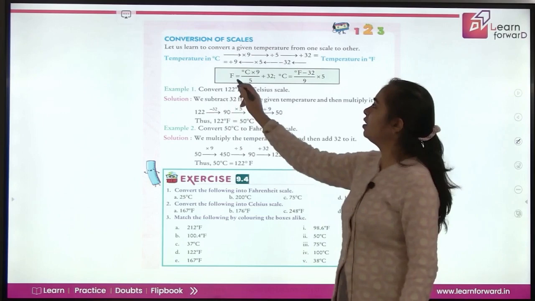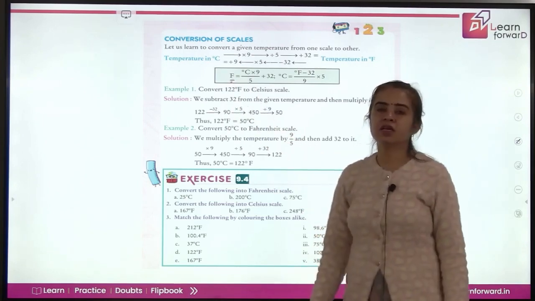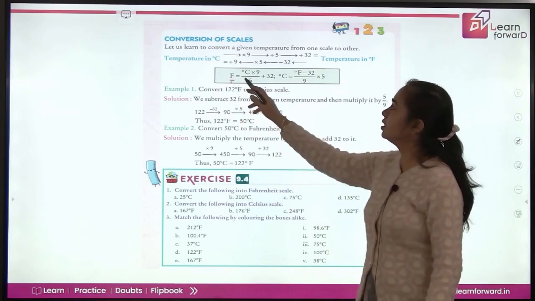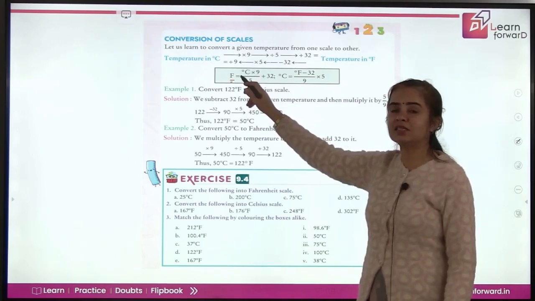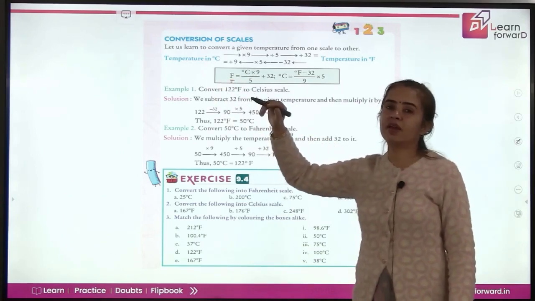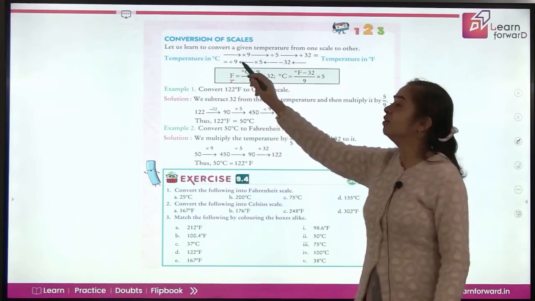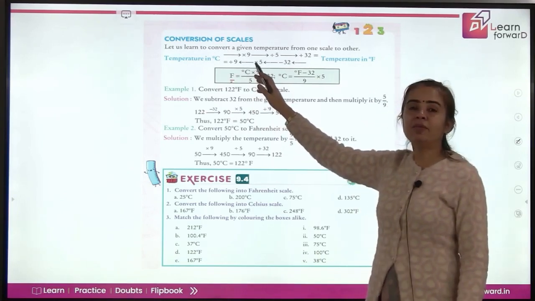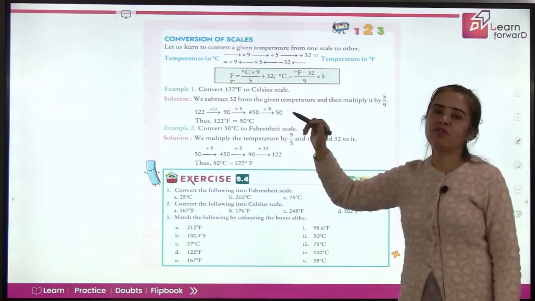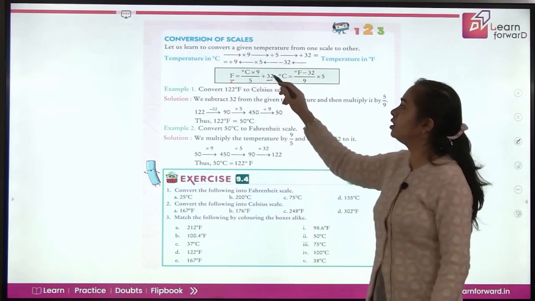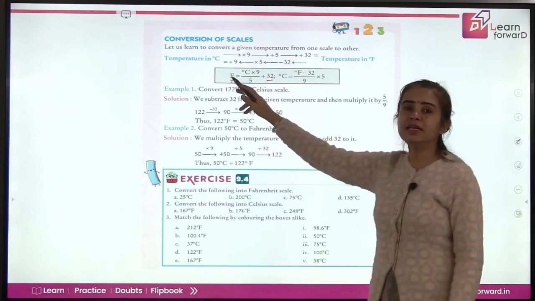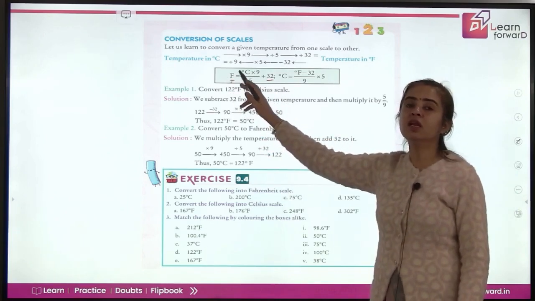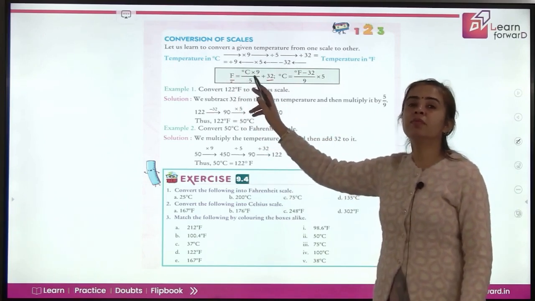If you have the temperature in Celsius and you have to change it into Fahrenheit, what you will do is Celsius multiplied by 9 divided by 5 and then add 32 to it. So this is degrees C, whatever temperature is given, into 9 by 5 plus 32.